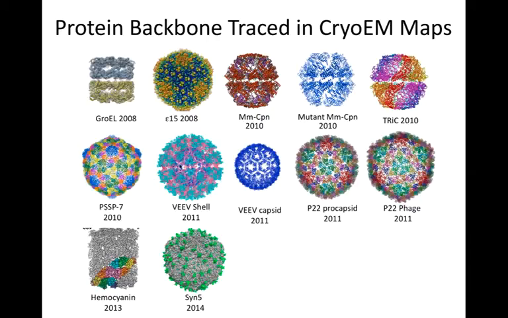In the last 6 or 7 years, we have solved more than a dozen structures of these molecular machines. Their protein backbone is possible. All this work was done with a conventional electron microscope. The images were recorded on either photographic film or a CCD camera.